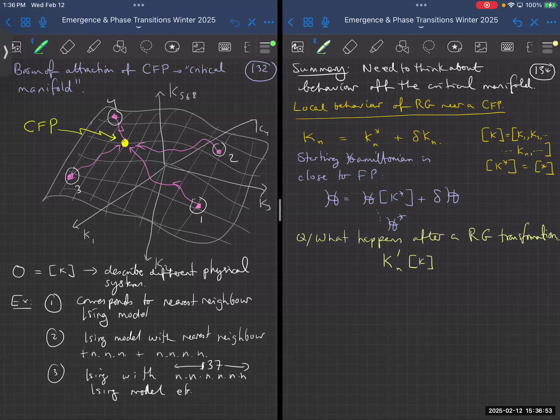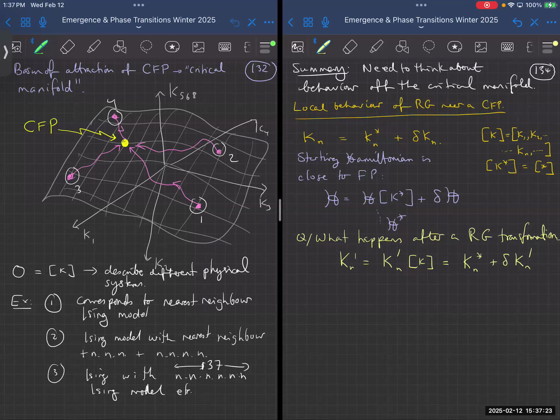So I look at the nth coupling constant. It'll transform into a new variable, Kn prime, and this new variable, the new coupling constant, depended on the old coupling constant, so the previous step, and I'm going to write that as Kn star plus now a new delta Kn, a new deviation away from the critical fixed point.